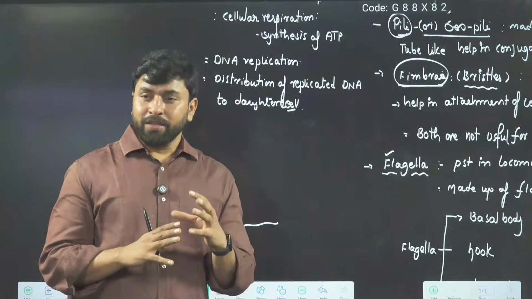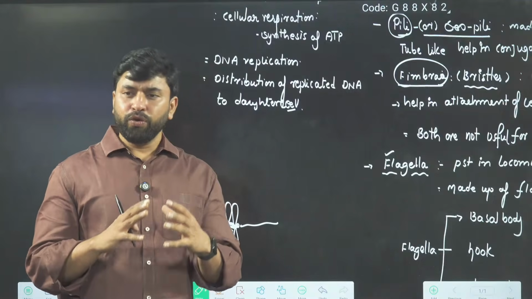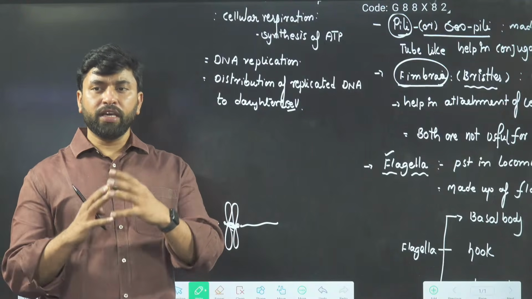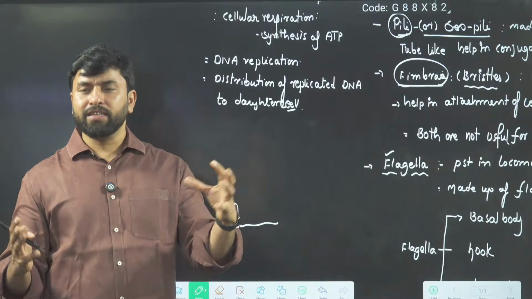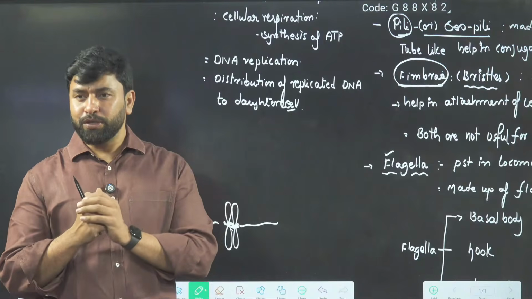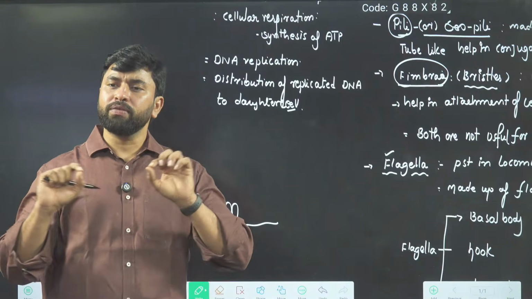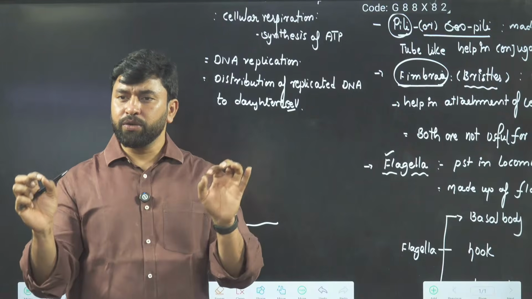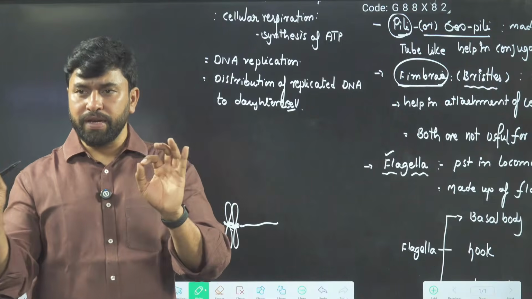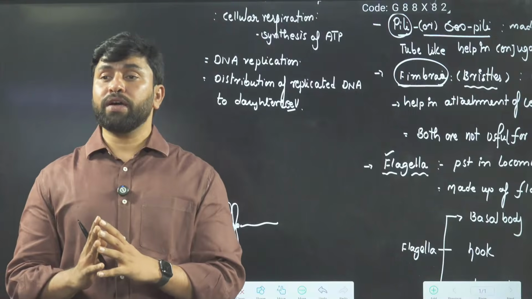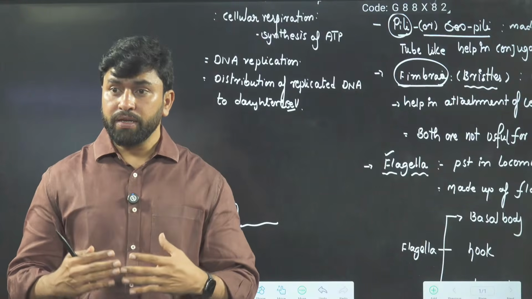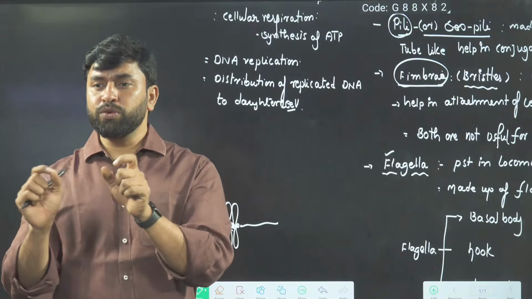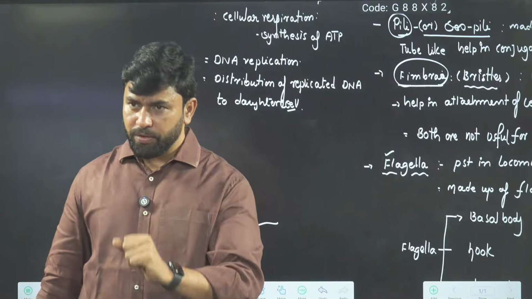So there should be some way we can give that replicated DNA molecules equally to two daughter cells. That way is through mesosomes. Mesosomes split the replicated DNA and give it to two daughter cells equally. This is the reason why mesosomes help in distribution of replicated DNA equally to two daughter cells. Am I clear?